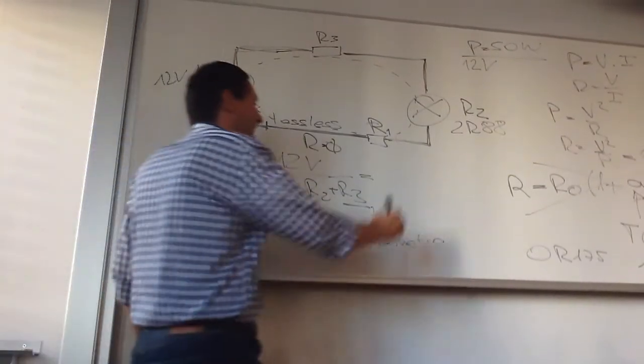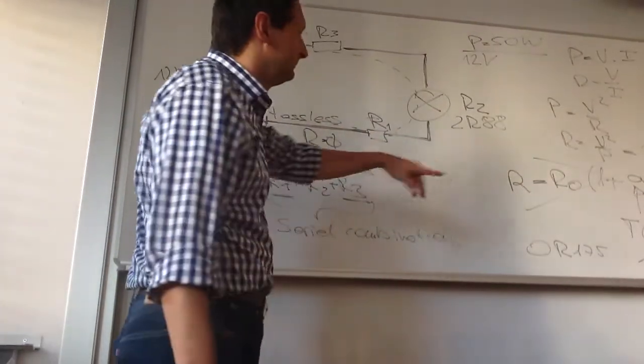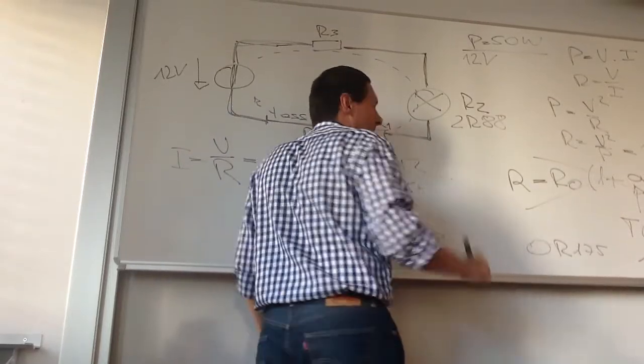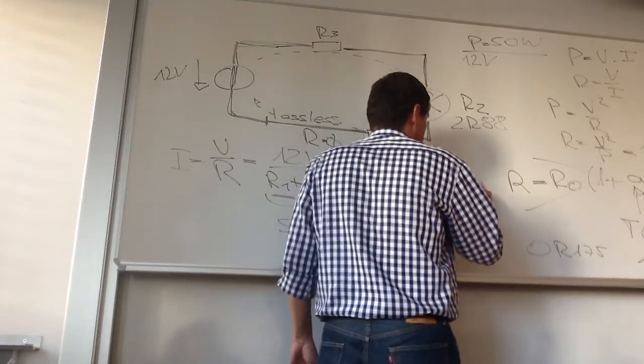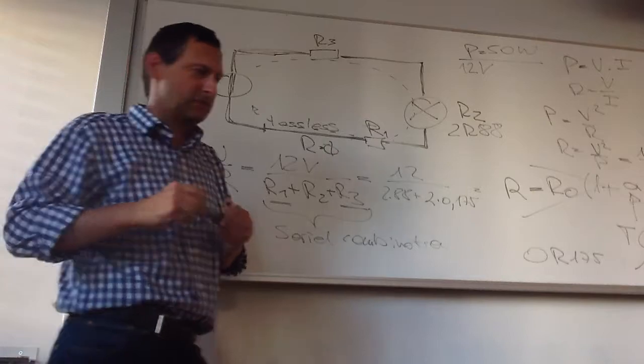So it's 12 divided by the sum of the resistances. So we can do the calculation.